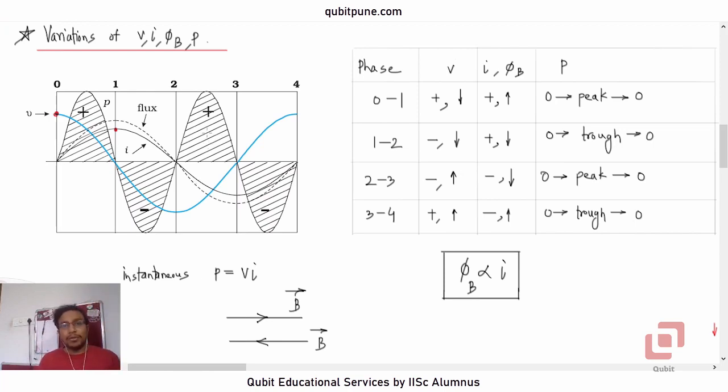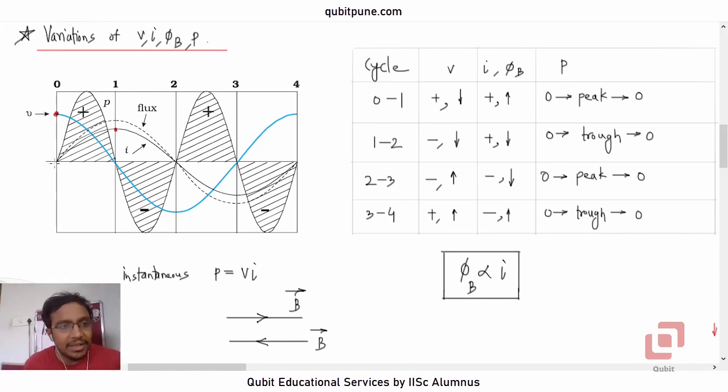Now let us talk about this table. Suppose I go to the first phase. Okay, I shouldn't say phase here. Let's say cycle. Let's say we talk about the first quarter of the cycle. In this case, you see that the voltage is positive but decreasing, the current is positive but increasing. So what will happen to the power?